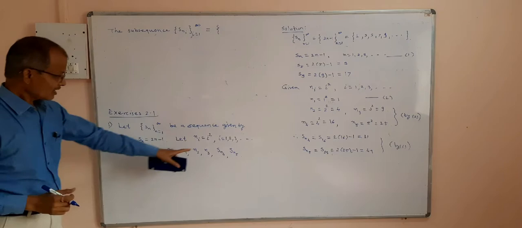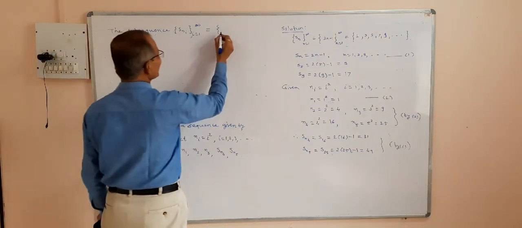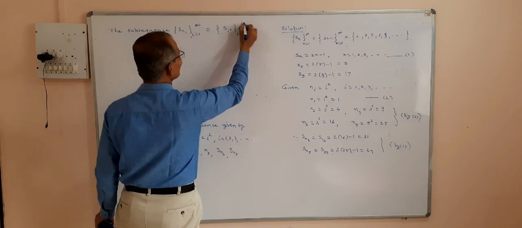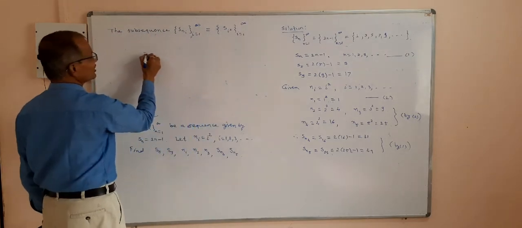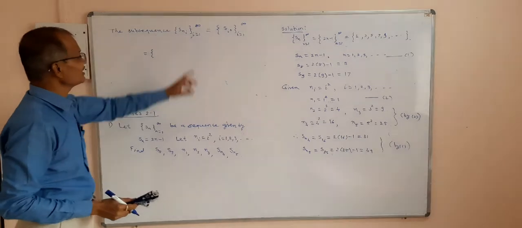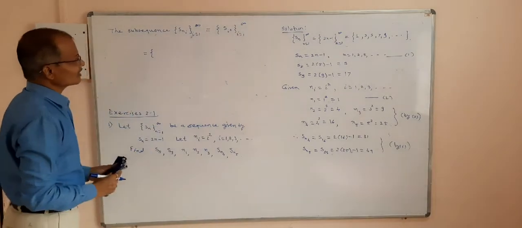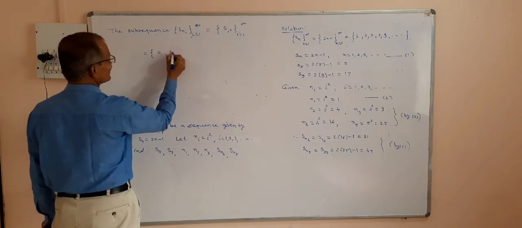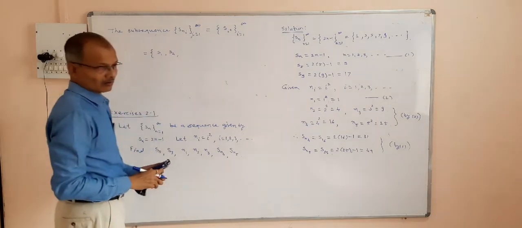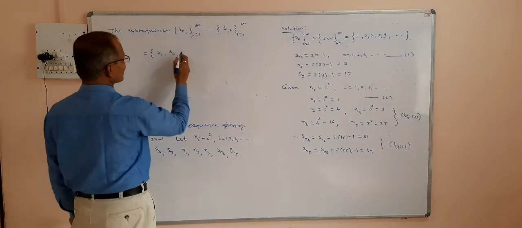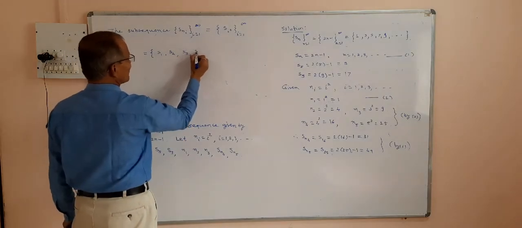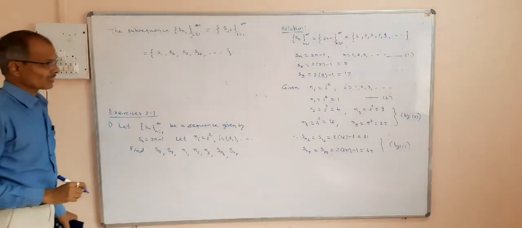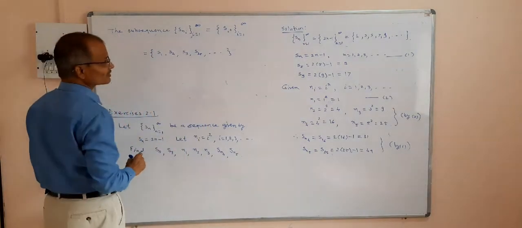What is ni? i square. So we may write this as S i square, i takes value 1 to infinity, and therefore actually the terms of S ni will be S i square: S 1 square, that is S1, S 2 square, that is 4, and 3 square, that is 9, 5 square, that is 25, and so on. So this will be the sequence, and we can write the terms of this also.